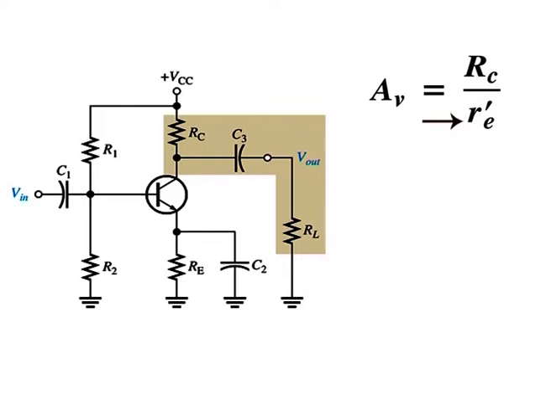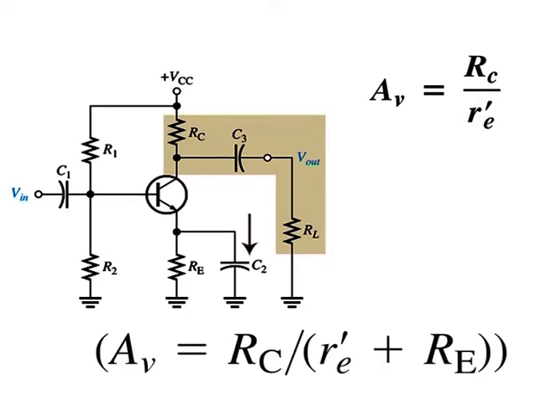This causes the gain to be unstable over changes in temperature, because when the AC emitter resistance increases, the gain decreases and vice versa. With no bypass capacitor, the gain is decreased because Re, the emitter resistance, is now in the AC circuit.